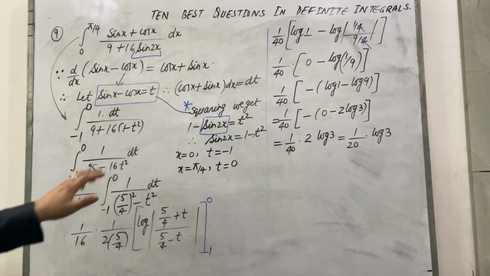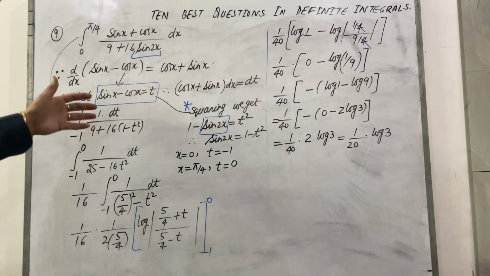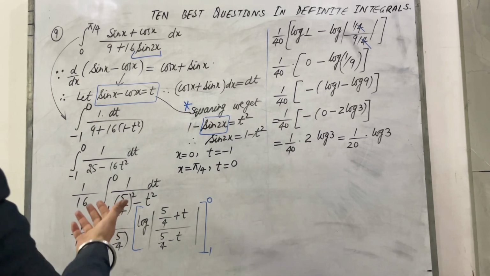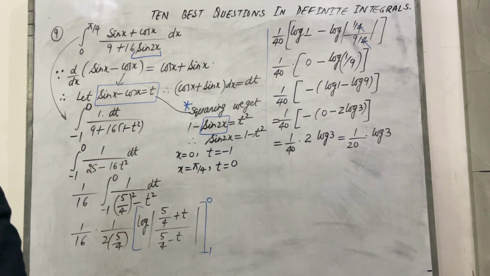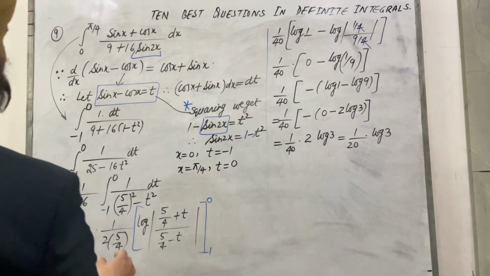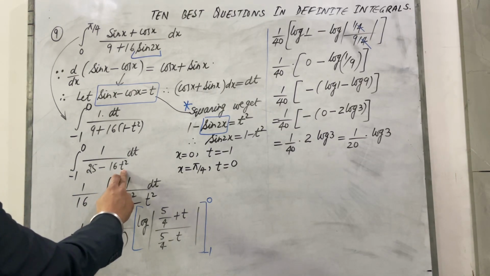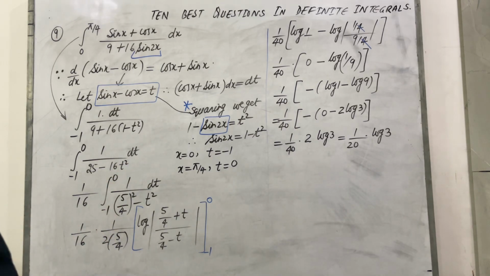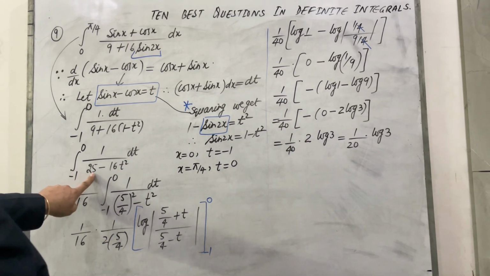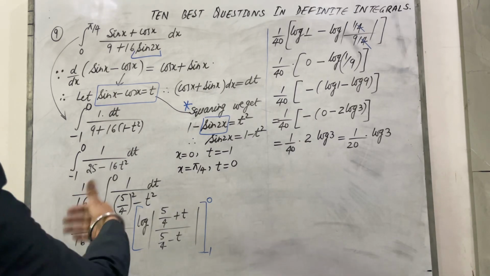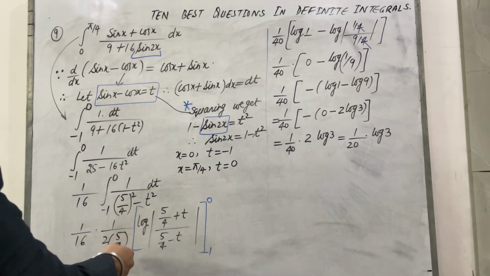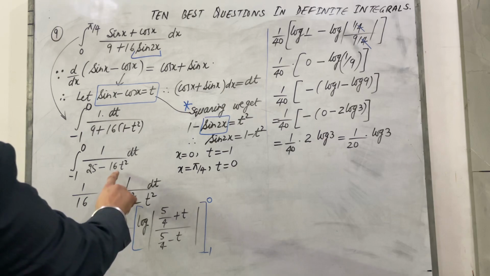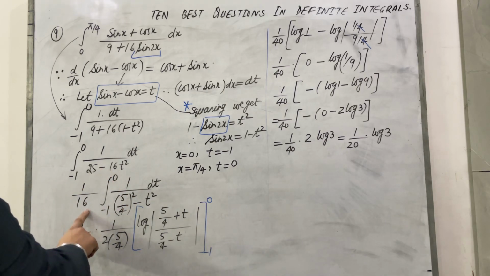So now this is a very, very simple sum left with us. It's just like the formula 1 upon a square minus x square. So I'll prefer converting the coefficient of t square to unity simply by taking the 16 outside the integral and thereby dividing the adjoining term by 16. Writing 25 by 16 as (5 by 4) whole square. 16 I've already taken outside.